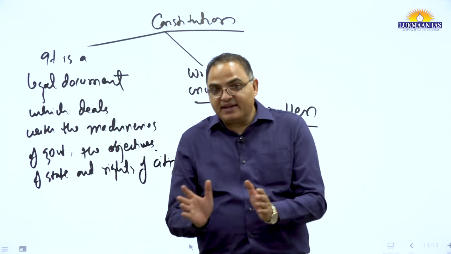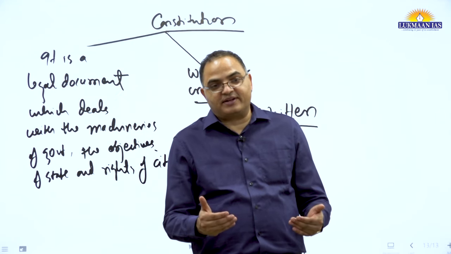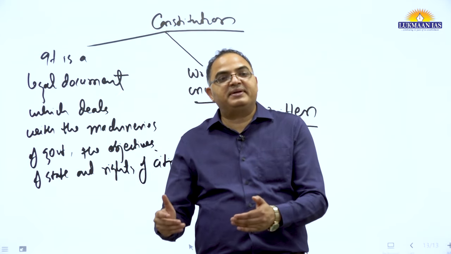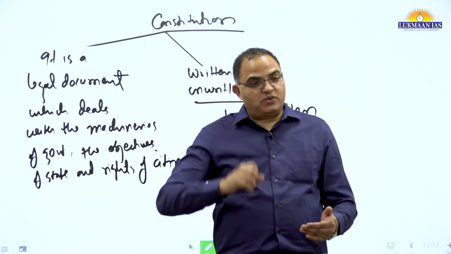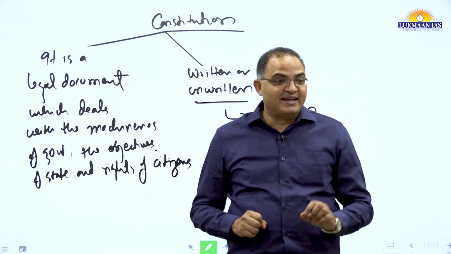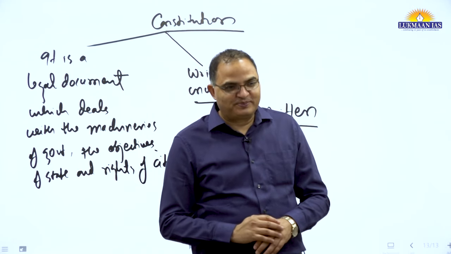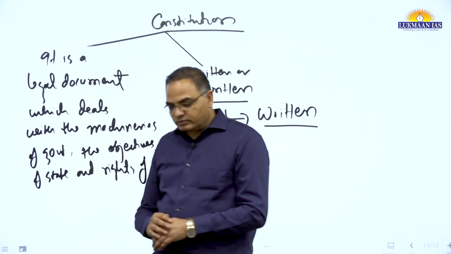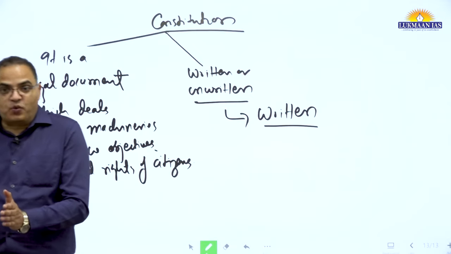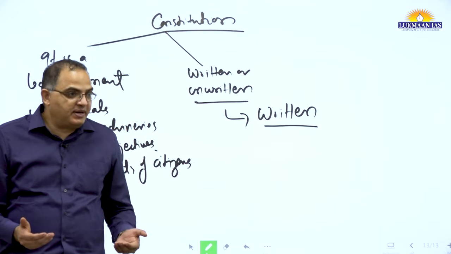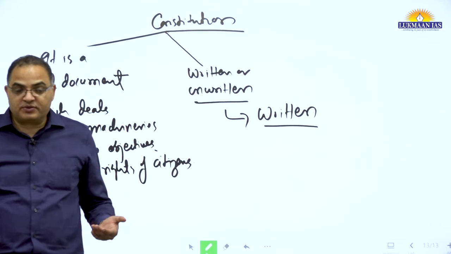There is a thinking behind that. It is important to understand. That thinking is called constitutional morality, which we'll talk about later. There is a thinking why you should adopt something, like we have adopted a federal polity or quasi-federal polity.